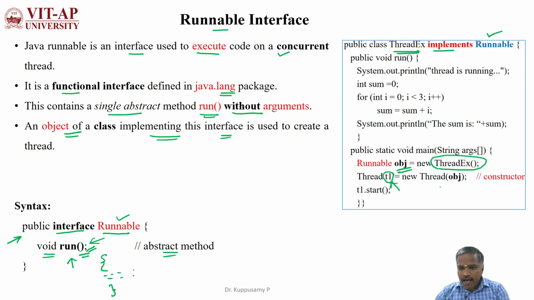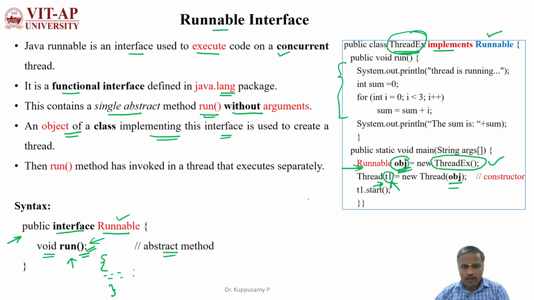This carries the object obj, which is defined by using the ThreadEx class, which is implementing the Runnable interface. So now this t1 is performing all the actions belonging to the thread which carries obj. That obj is defined by the class ThreadEx. So whatever action is defined here will be performed by using this t1.